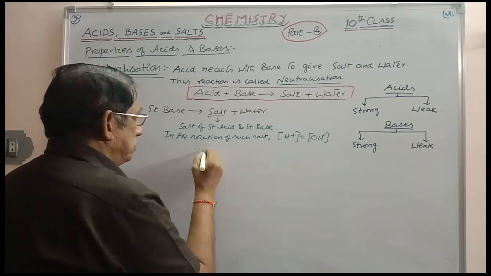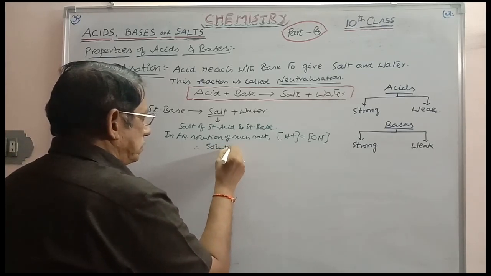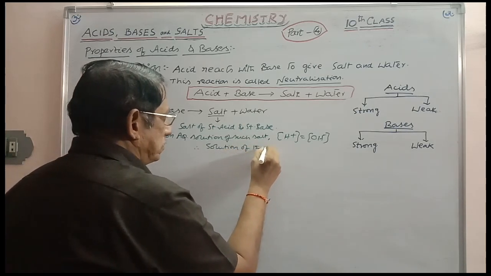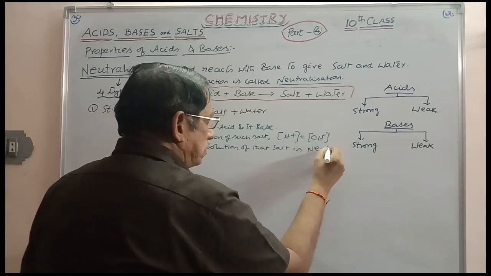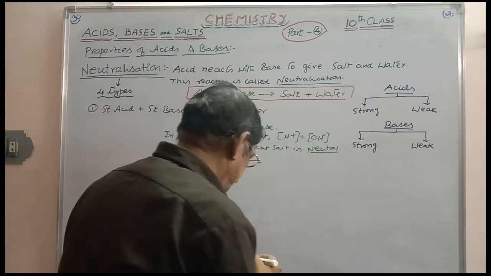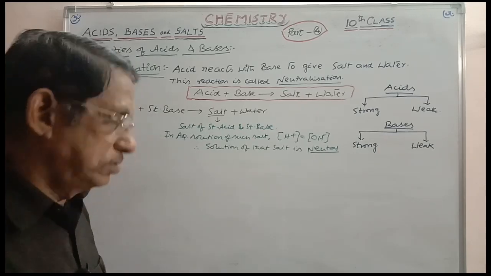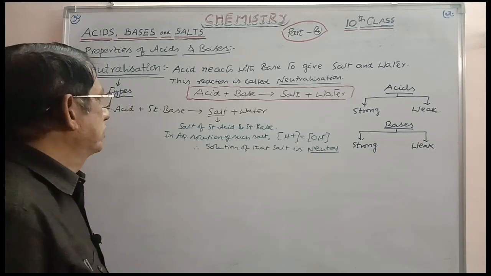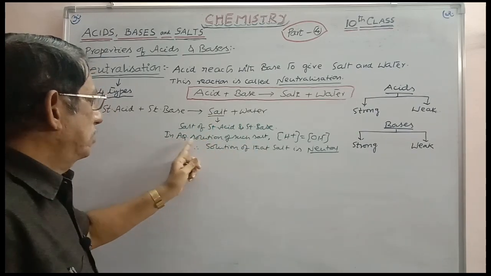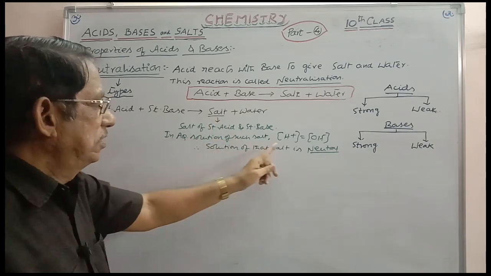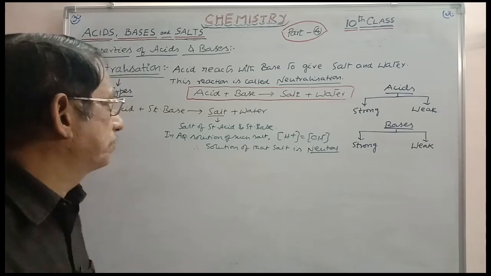Therefore, the solution of that salt is always neutral. Always neutral. We can consider examples finally. This is one case: salt of strong acid and strong base, aqueous solution of such salt is always neutral because concentrations of H+ and OH- both will become equal there.